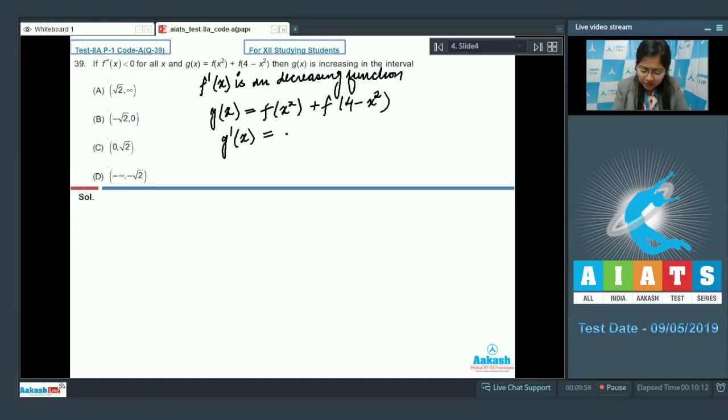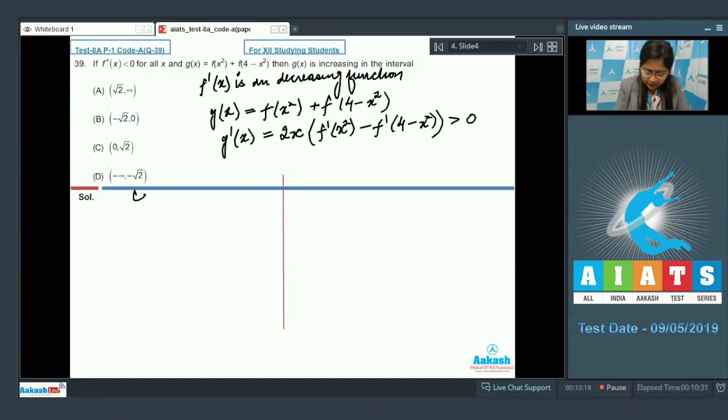So g dash x will be equal to 2x, taking common, f dash x square minus f dash 4 minus x square. Now this should be greater than 0. So we have two cases here. Case 1, that is x is greater than 0.